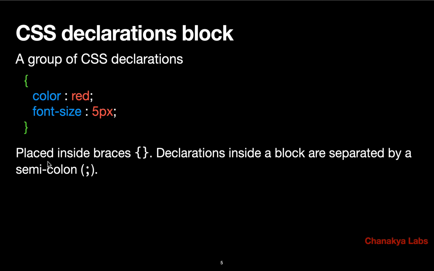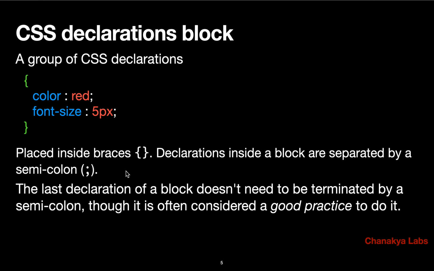Now as I mentioned, it should be placed inside braces. The declarations inside the block are separated by semicolon, I already told you. And again here also, the last declaration doesn't need to be terminated by semicolon, right? But everything in between must be separated by semicolon, otherwise CSS will treat it as invalid.